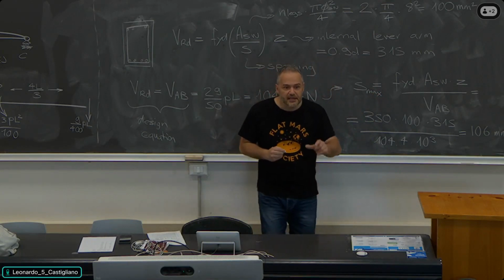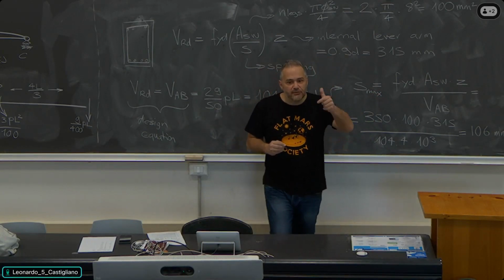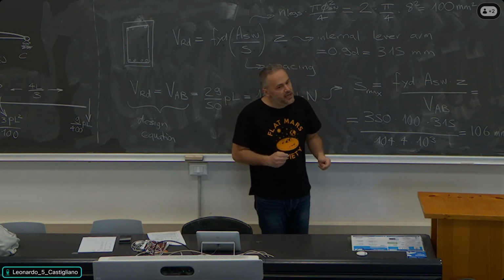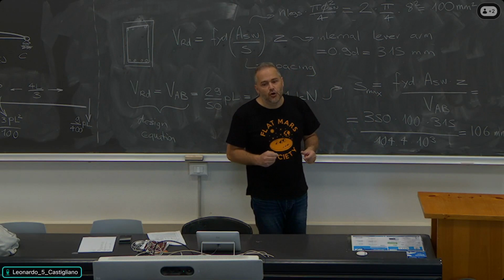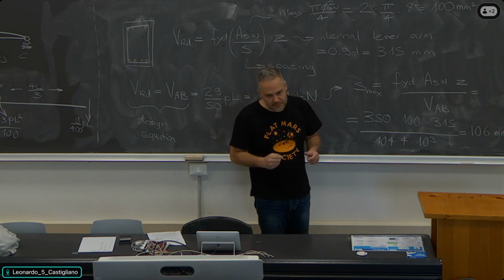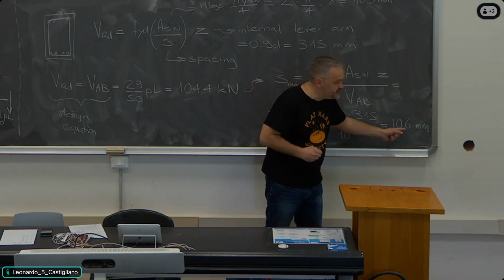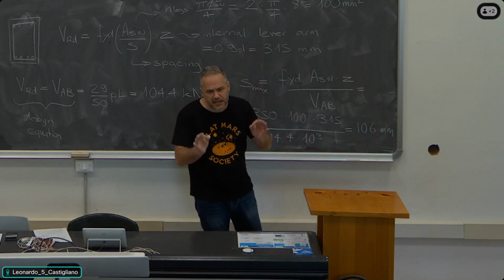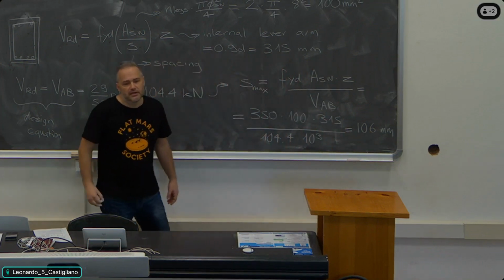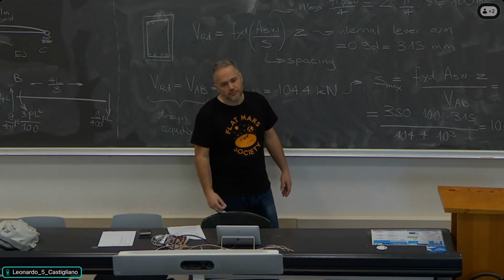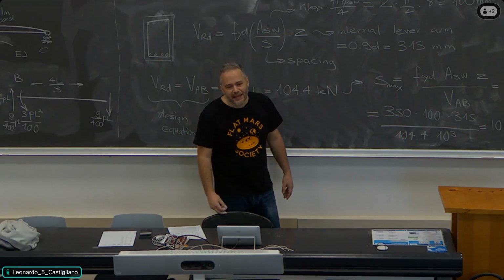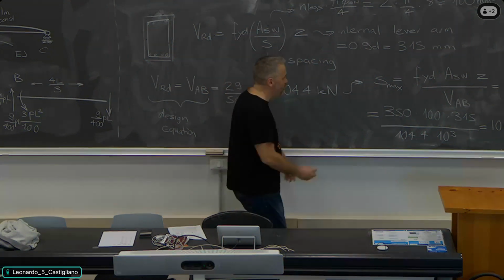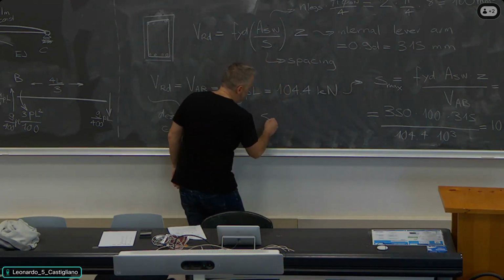Which means, to be on the safe side, instead of rounding it up, I round it down. And how do I round it down? When you work with concrete, you don't go with millimeters, you go with centimeters. So this 106 becomes 10 centimeters. Nice number, neat number. The people on the working site will love you if you tell them 10 instead of 11. Okay? So this is the maximum spacing.